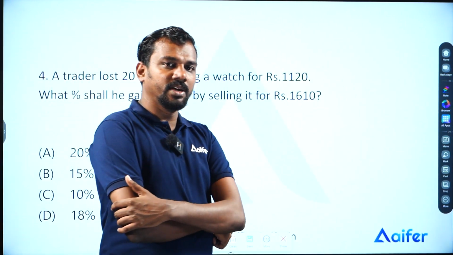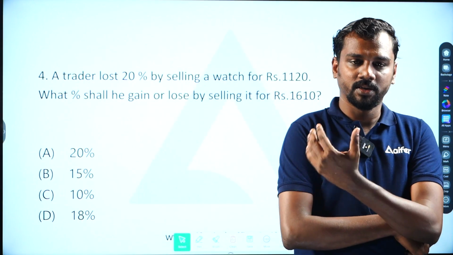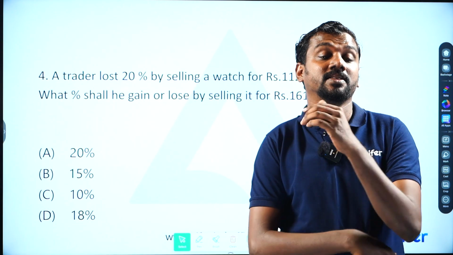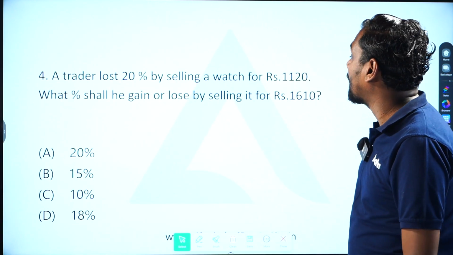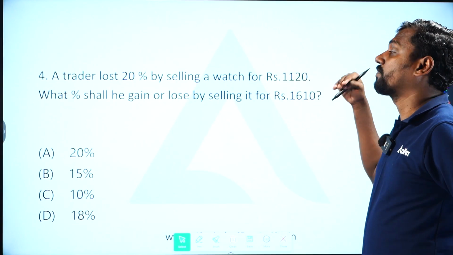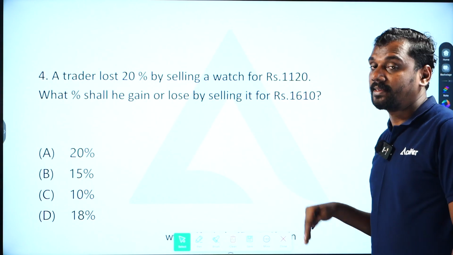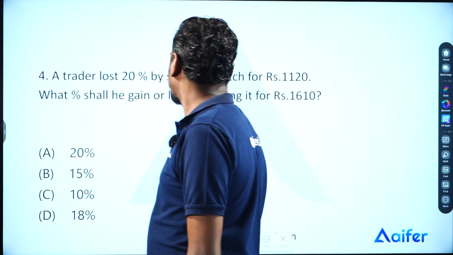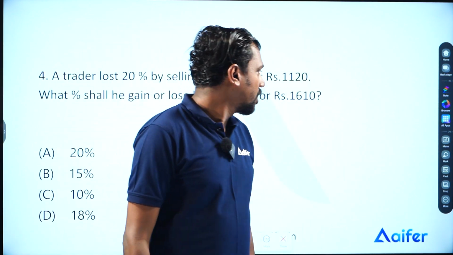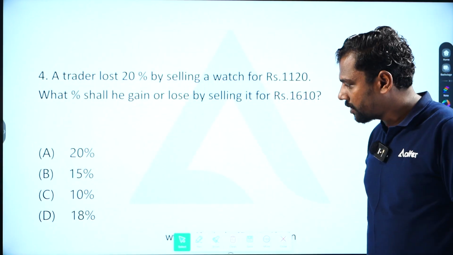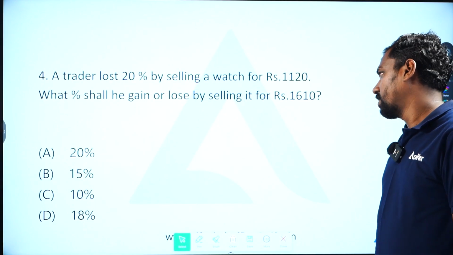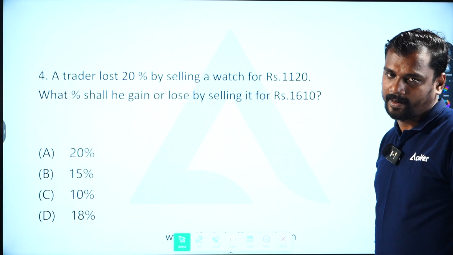In the last question, they have given the value of profit and loss, and they have asked the final selling price. Here they have given both the selling prices, and we want to find whether it's a gain, that's a profit, or a loss. Try to do.